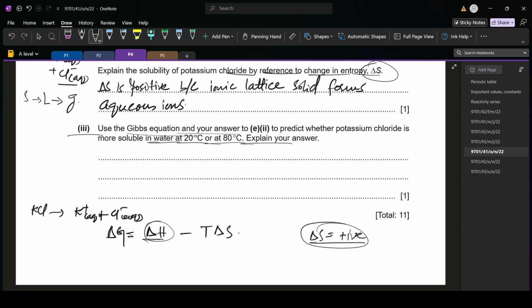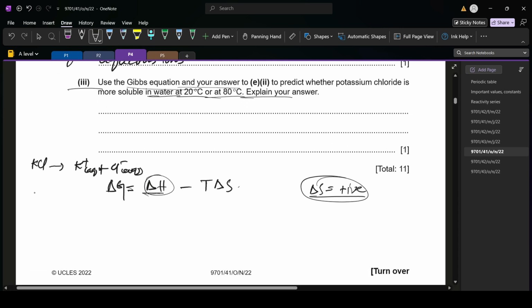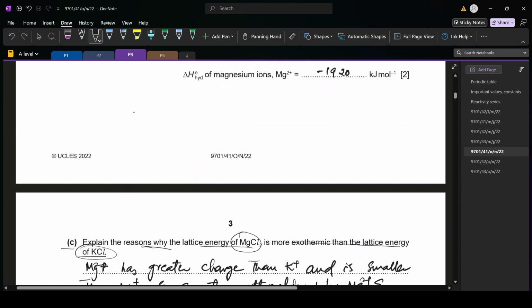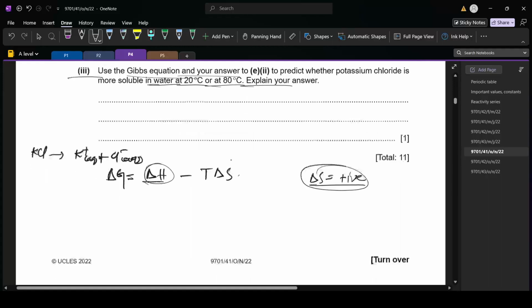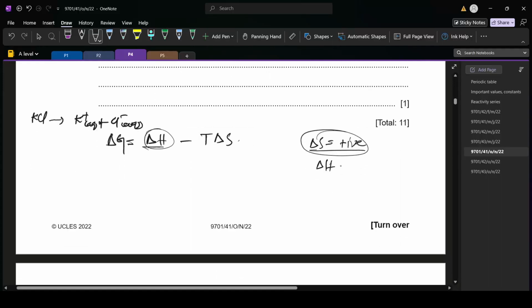This is the enthalpy change of solution of potassium chloride, and you are given the value, which is plus 15. So the enthalpy change is positive and the entropy change is also positive.